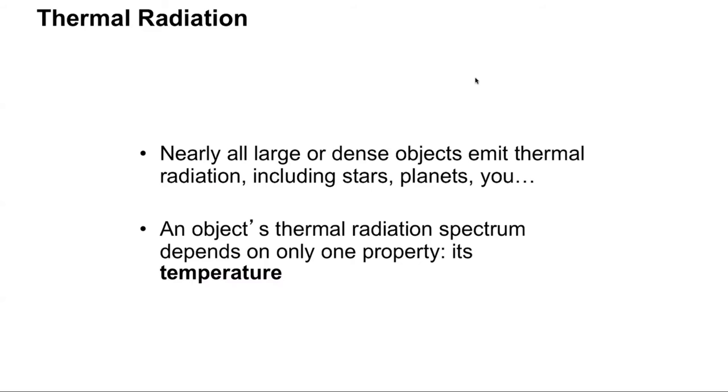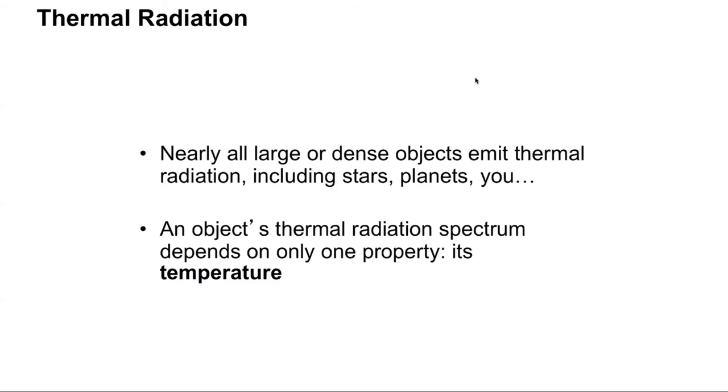And that random motion, because there are charged particles even there, even if the atom is neutral, you've got an electron moving around, and you've got a proton moving around, and that motion, as the object vibrates due to its temperature, will emit light. And that light will be at all kinds of frequencies, since the vibration will be at all kinds of frequencies. And so all objects glow at some level.